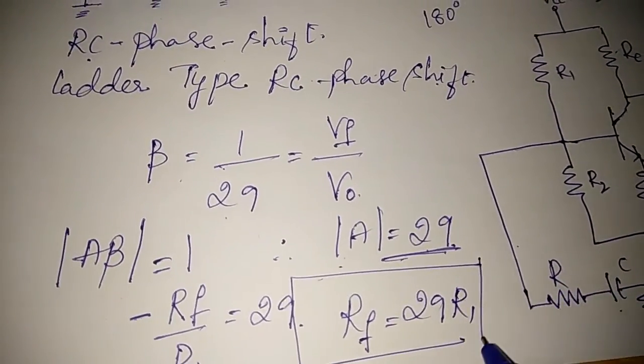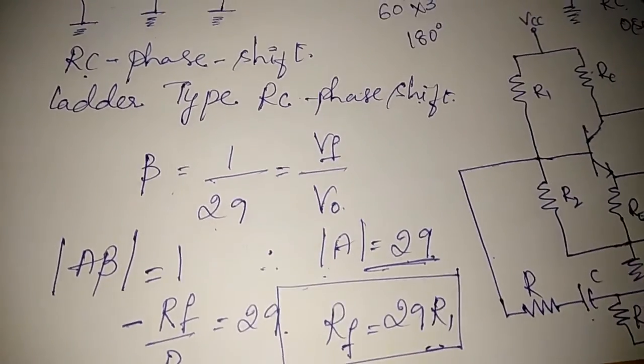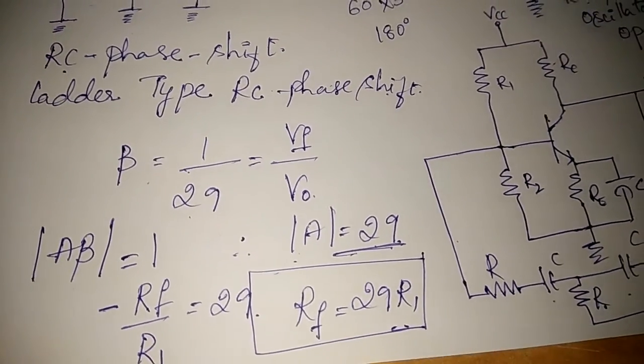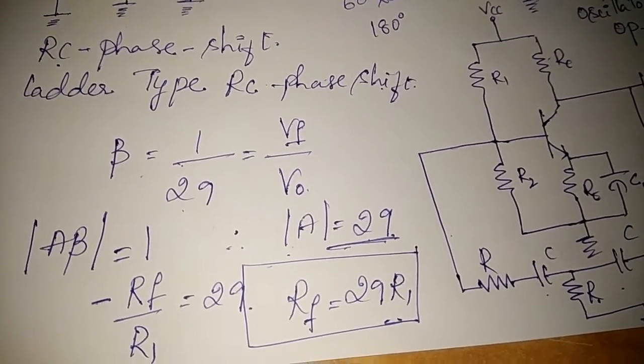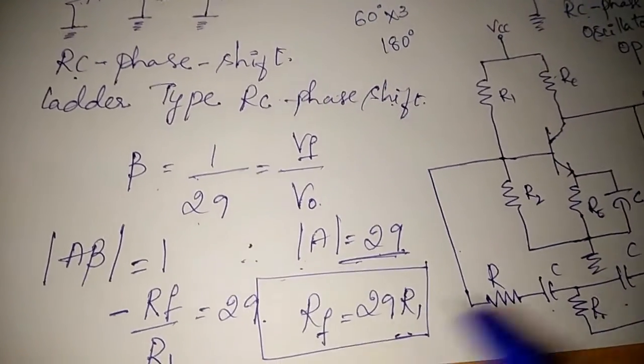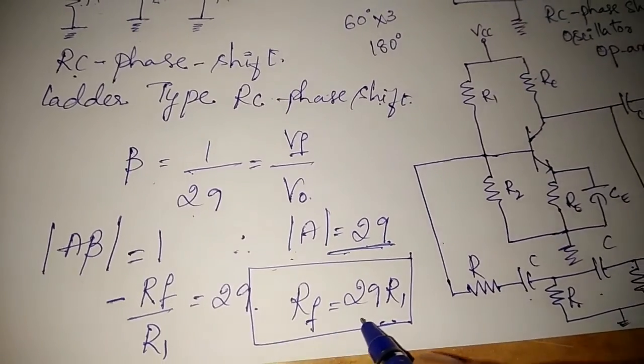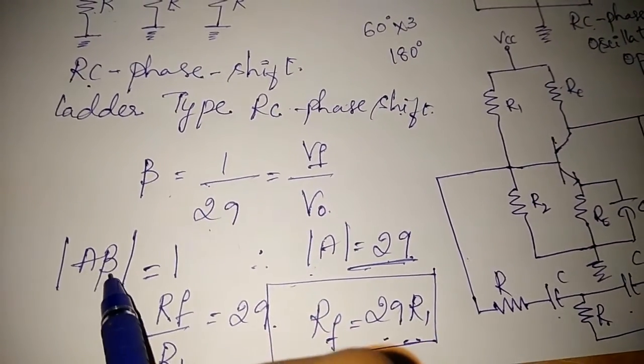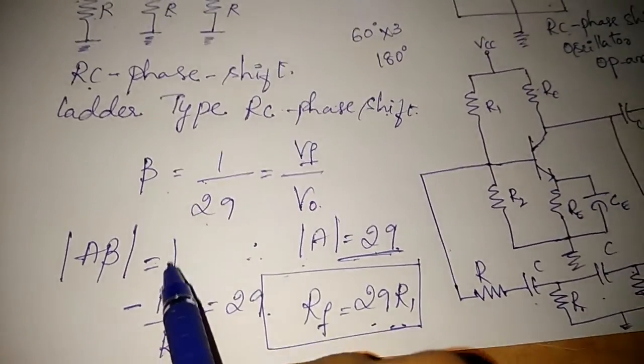So this is the condition to design the RC phase shift oscillator, and that too, this is for sustained oscillation. Why? Because we are considering A beta equal to 1.